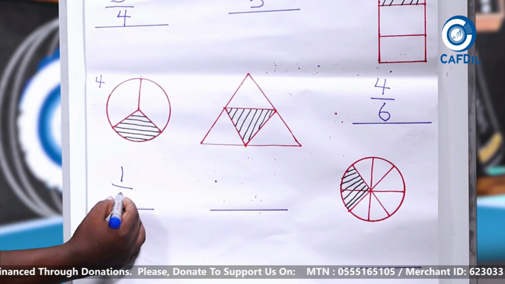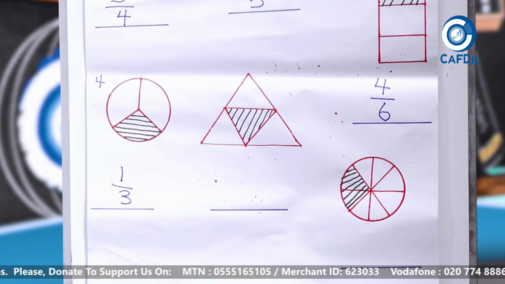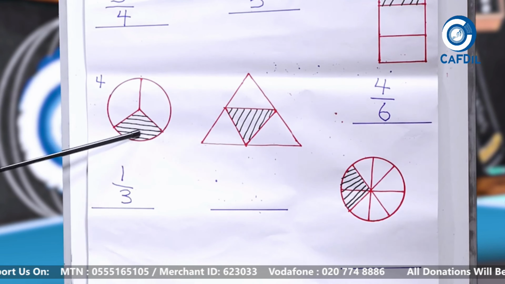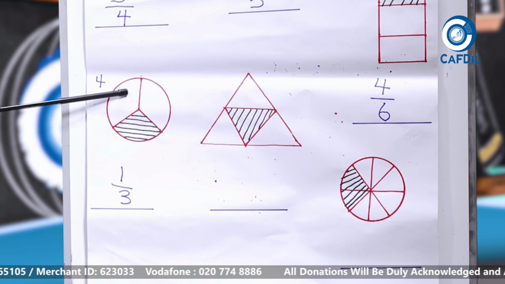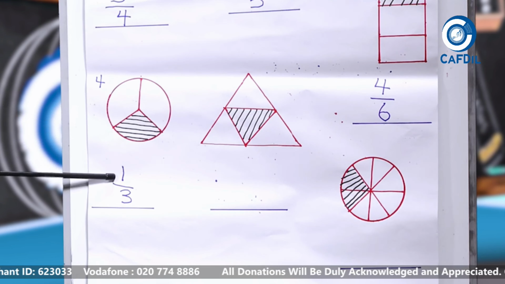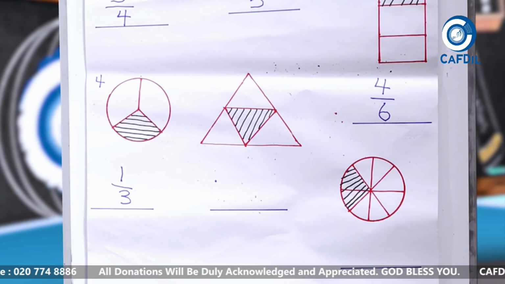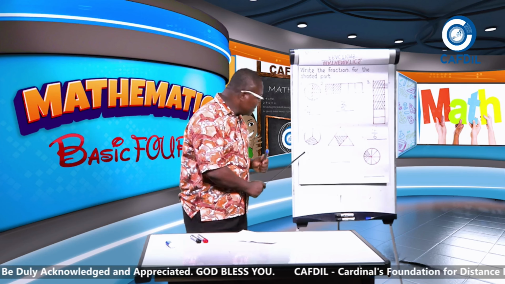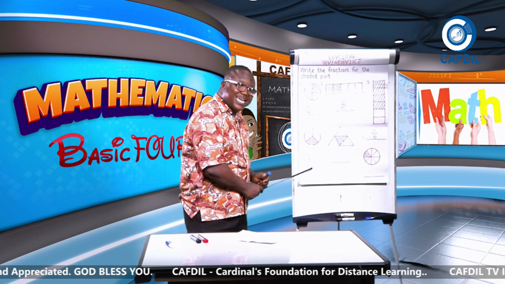What? 3. So this is 1 out of 3. 1 part has been shaded out of the total 3. And I'm saying that it will be more appropriate for us to say 1/3. This is 1/3.